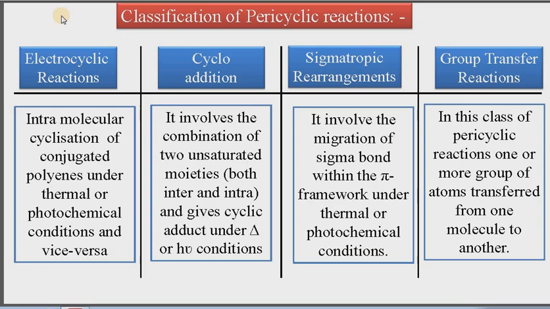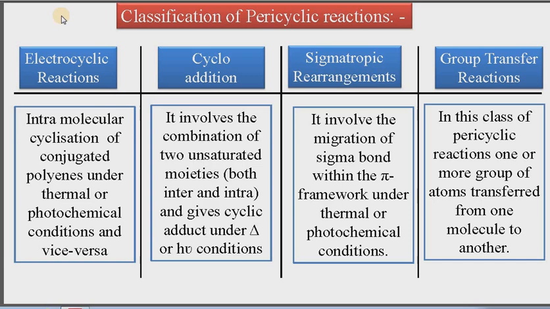Electrocyclic reactions are those reactions in which a ring is closed or opened at the expense of a conjugated double or triple bond. It means intramolecular cyclization of conjugated polyenes under thermal or photochemical conditions is possible during electrocyclic reactions.